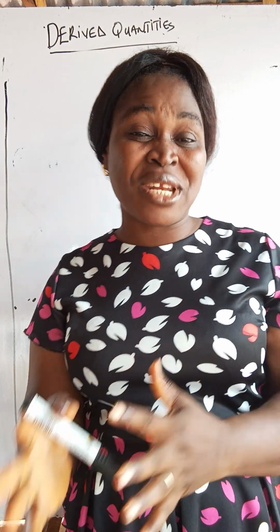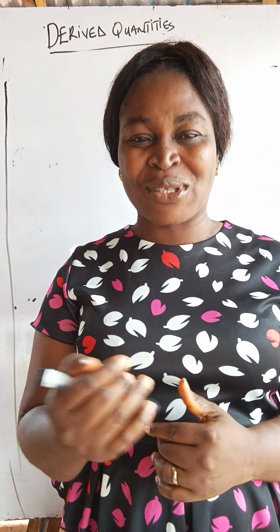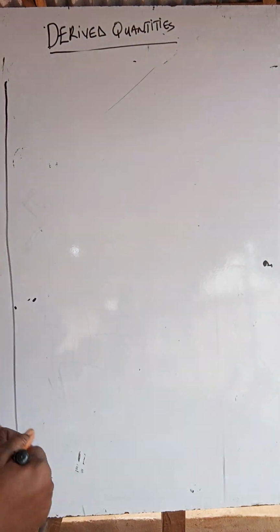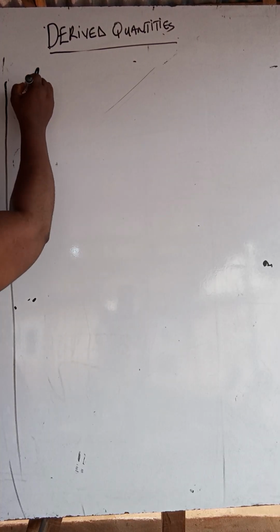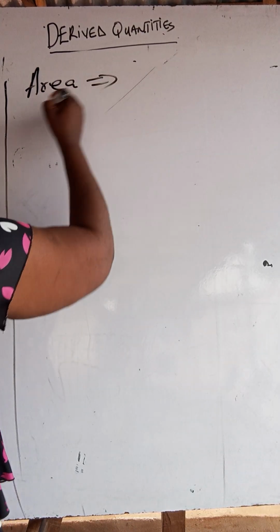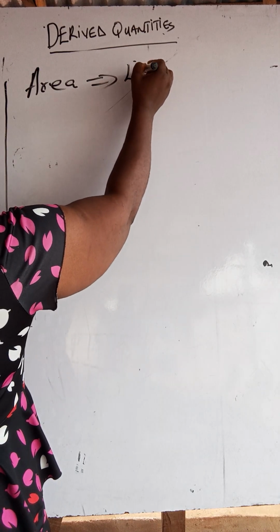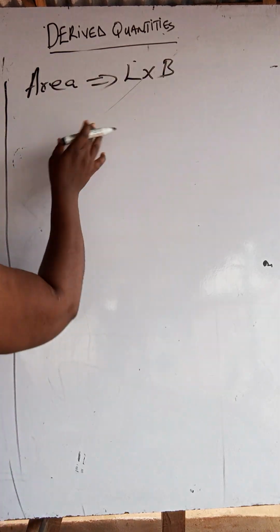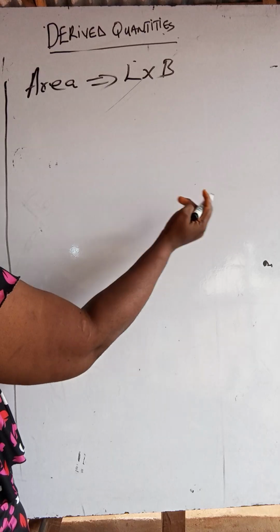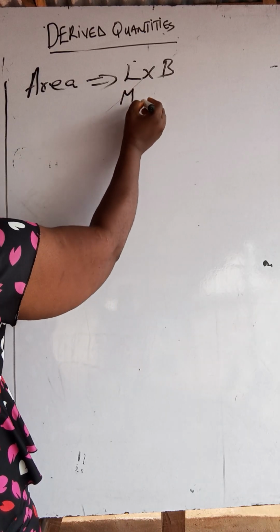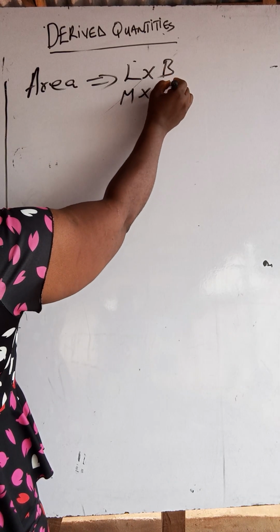All right, let's go to derivation of the units of derived quantities. We shall be starting with the first one, area. Area is given as the product of length and the breadth. Anything measured with a meter rule, the unit is meter. Then the unit of breadth is also meter.